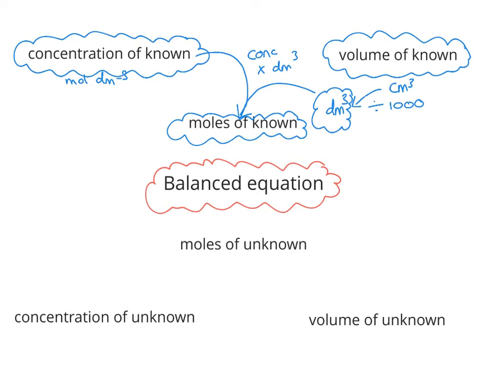We then do the same thing that we did in the mass and the gas questions, which is that we use the ratio. In this case it was 1 mole of sulfuric acid to 2 moles of lithium hydroxide to work out the moles of the unknown. So in the question we just did, that was lithium hydroxide. And then, unlike the other questions, you are normally given one piece of information.